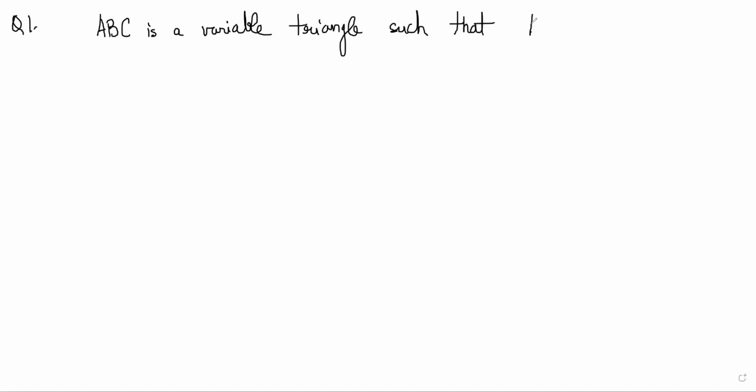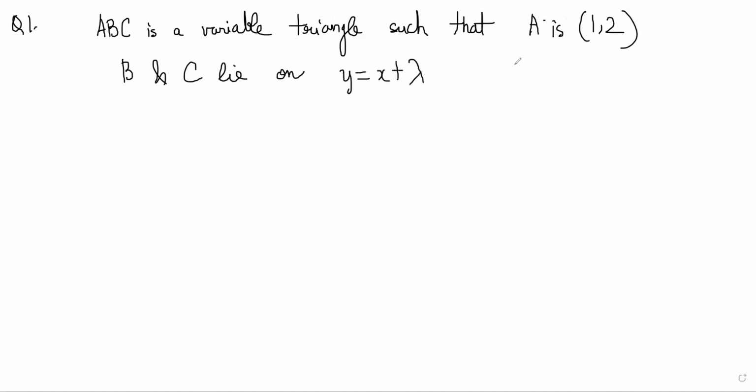Question 1 is: ABC is a variable triangle such that A is 1, 2, B and C lie on y is equal to x plus lambda.